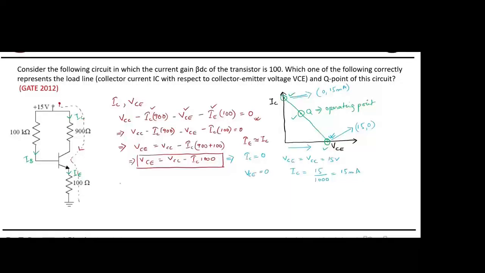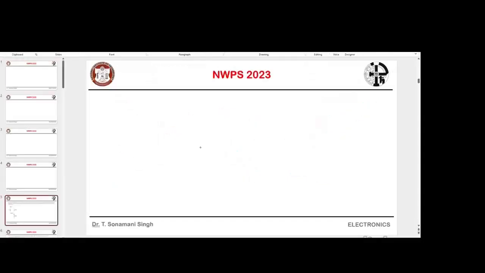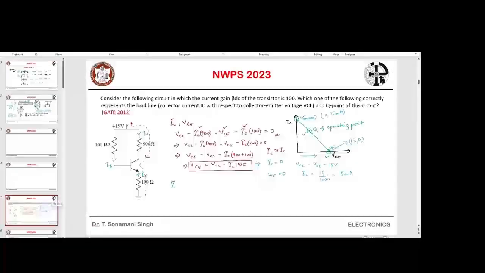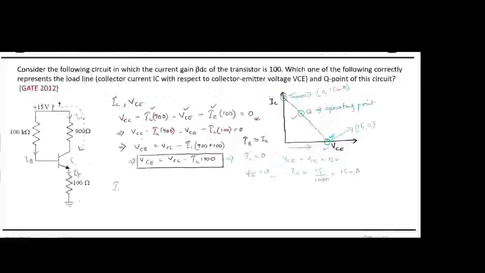what we need to do is, first you need to find out IB.